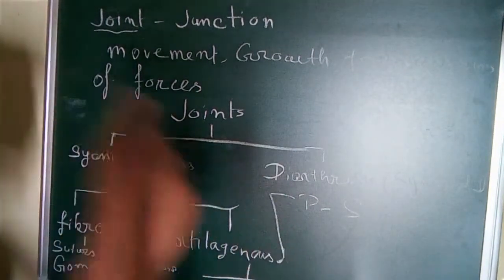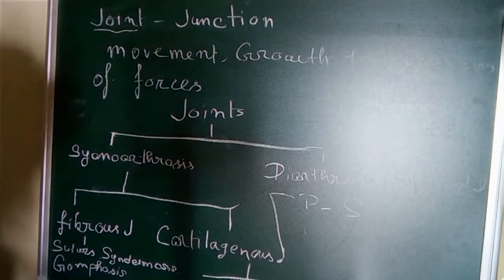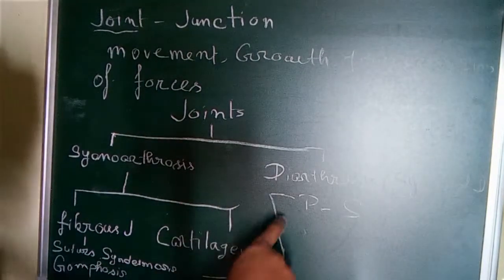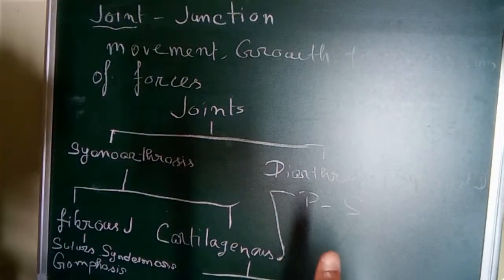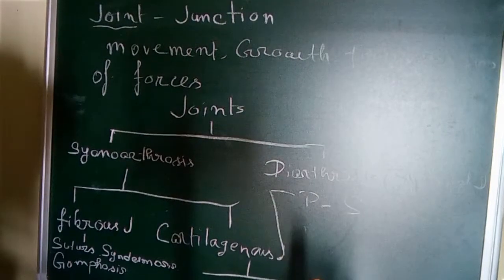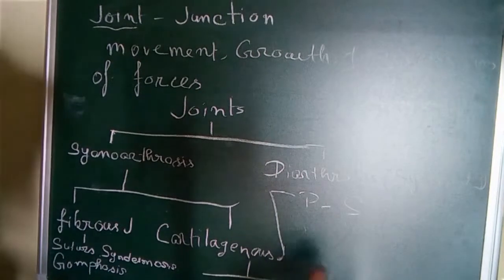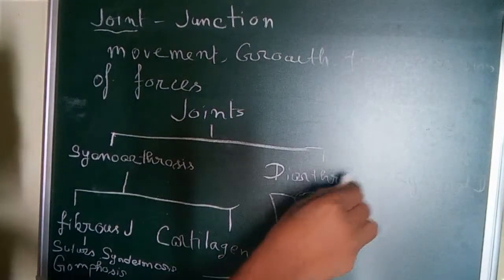Primary cartilaginous joint: when two bones are connected with the help of hyaline cartilage, that is called a primary cartilaginous joint, like the epiphysis and diaphysis of bones. Now the secondary cartilaginous joints.